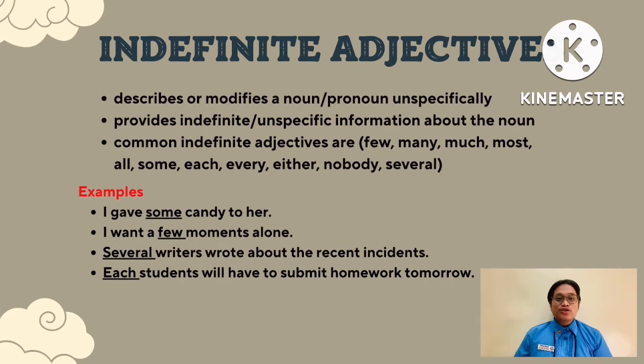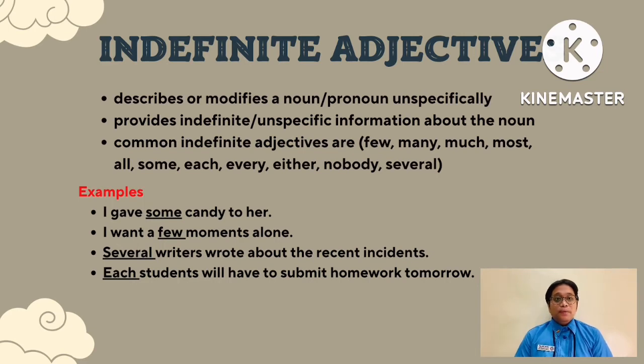Okay, so let us now proceed to the last kind of adjectives here in this presentation. So we have the indefinite adjectives. So indefinite adjectives describe or modify a noun or a pronoun non-specifically. So when we say indefinite, it is not specific, or it is not concrete, or you just have minimal information about this noun or pronoun.